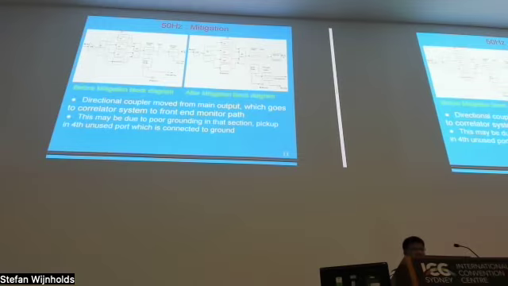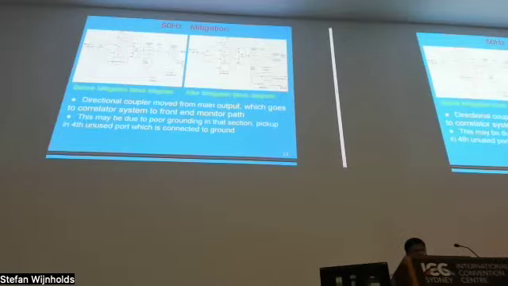Before showing the result, I will show why we were getting the 50 Hertz in our RF signal. There was a directional coupler taking some portion of the main signal, the coupled output, for 60-to-1 monitoring.